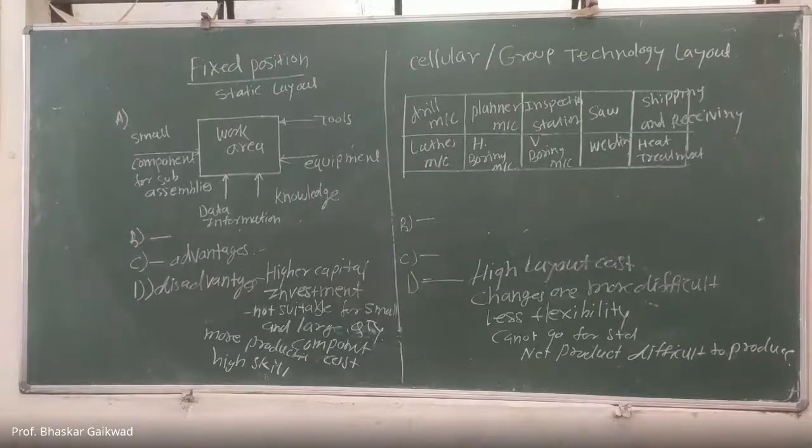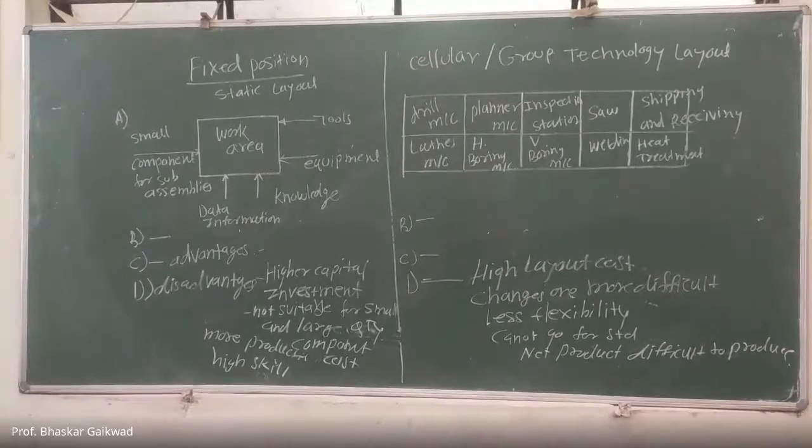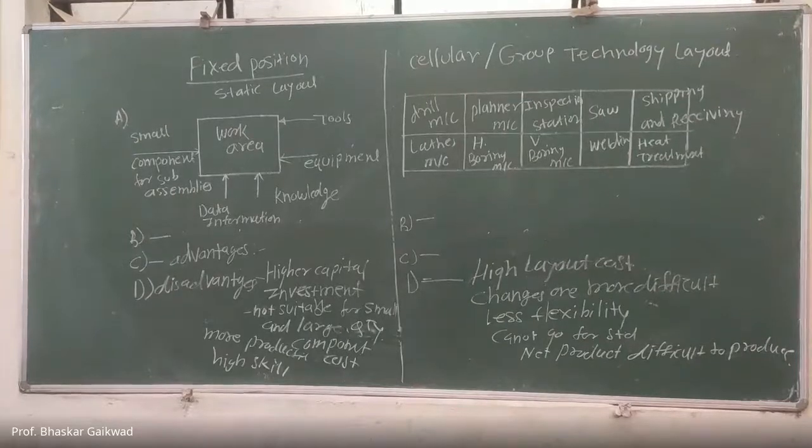layout. So higher layout cost is there because we are grouping all these machines. If you want to make a little bit of change, it is difficult, and that's why it is called less flexibility. Here we cannot go for standardization. Standardization means the component being manufactured has interchangeability, meaning after manufacturing, anywhere it will get accepted.